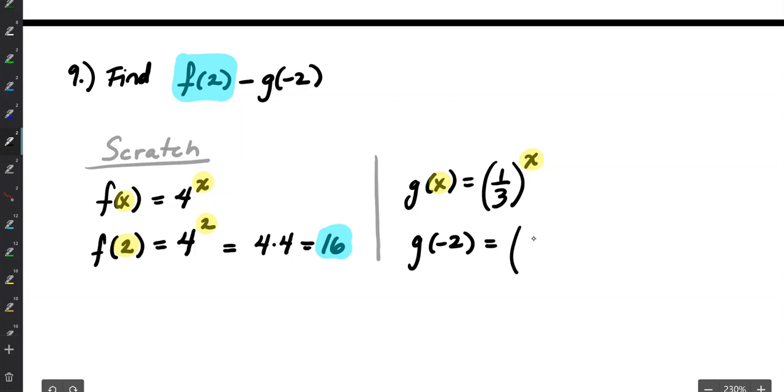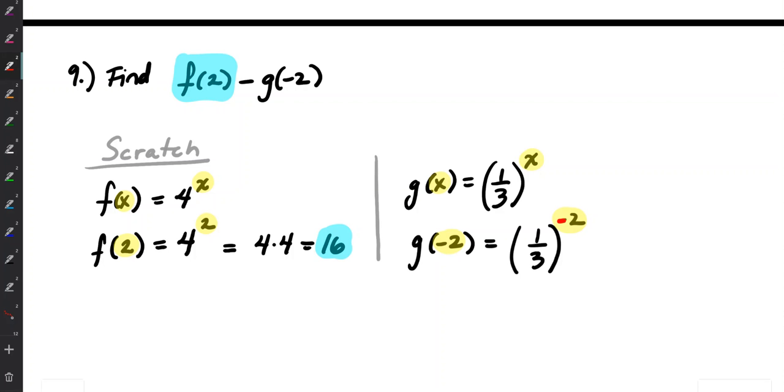G of -2 will be 1/3 to the -2 power. Remember, this is similar to the one that we just did. That minus sign right there is actually notation for reciprocal of a third, which is 3. That's the number that's being squared. G of minus 2 is 3 times 3, which is 9.